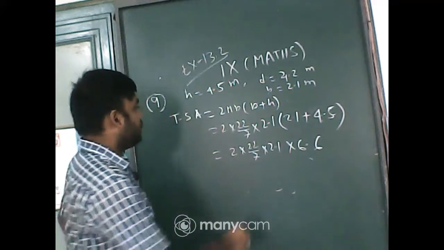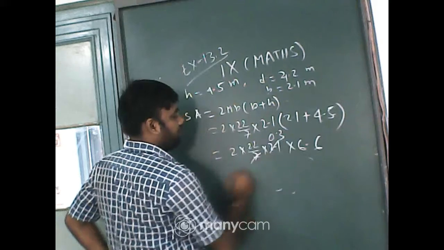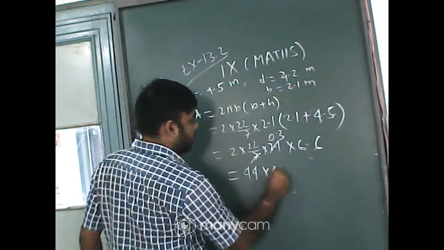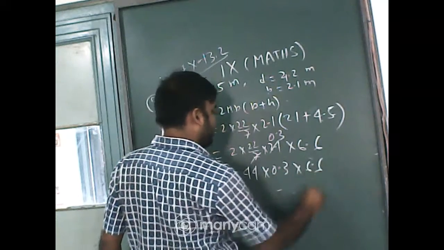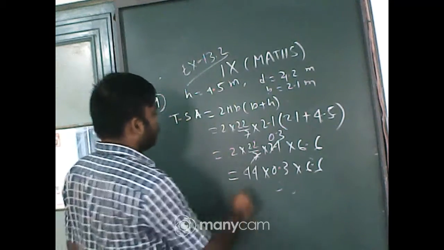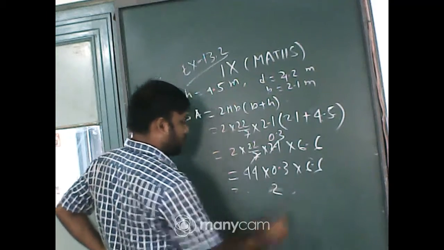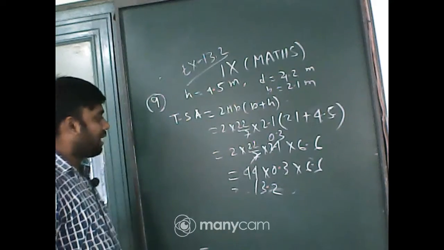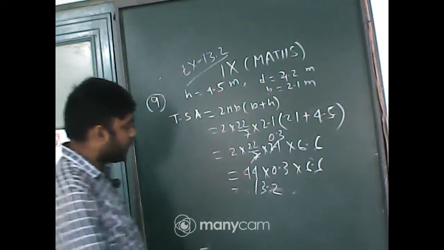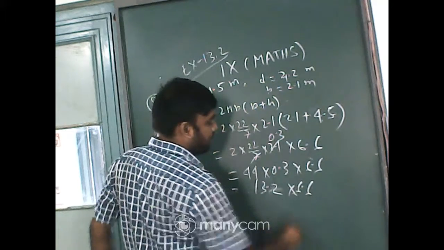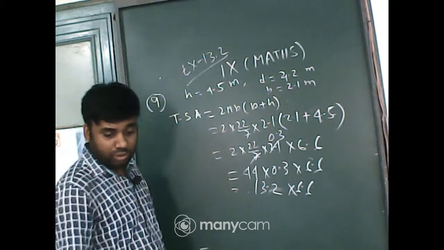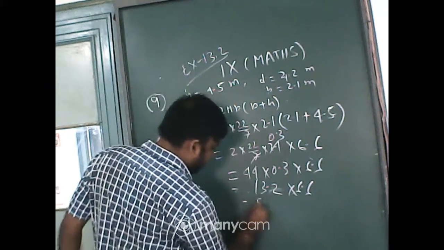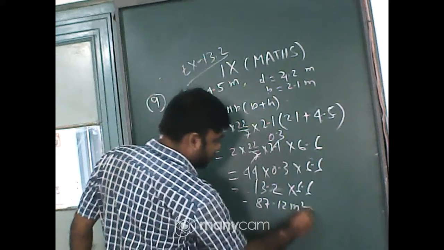Got it? 44 into 0.3 into 6.6. Now 44 into 0.3 will be 13.2. 13.2 into 6.6. Multiply it. That will be 87.12 meter square.